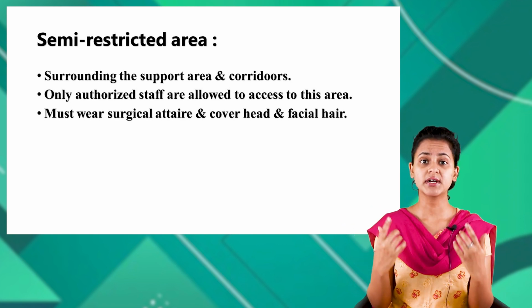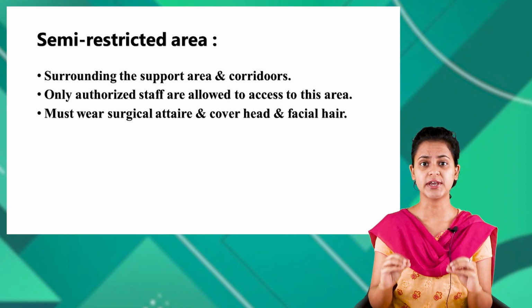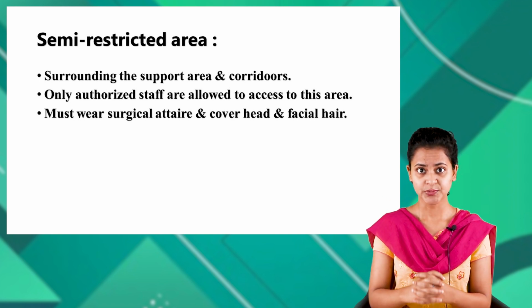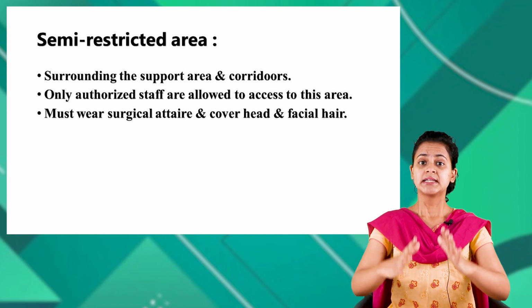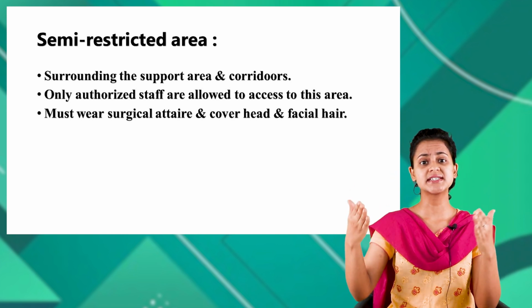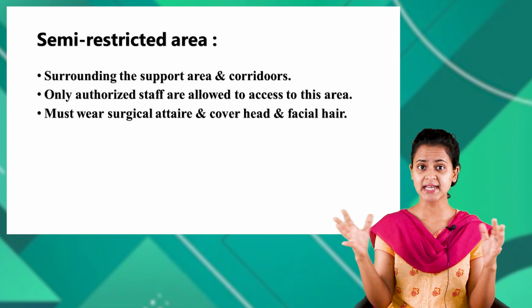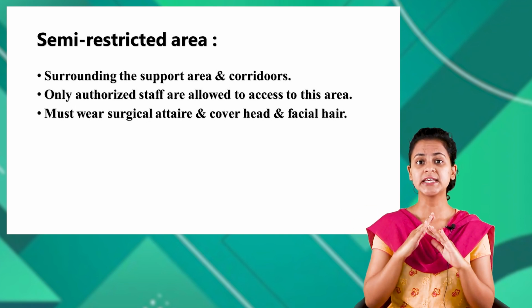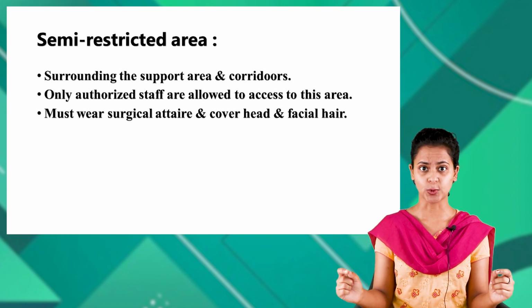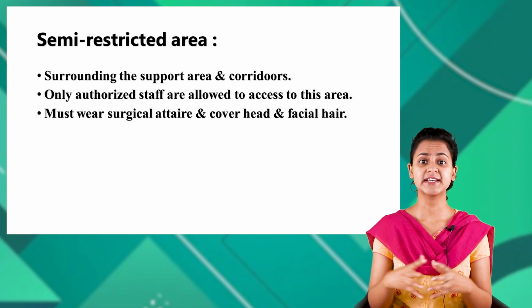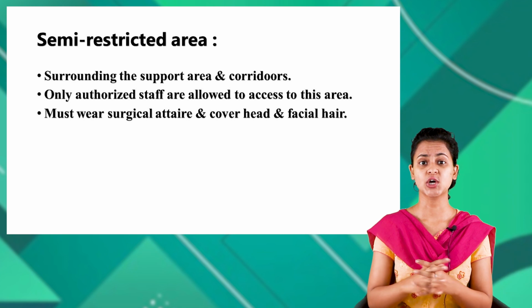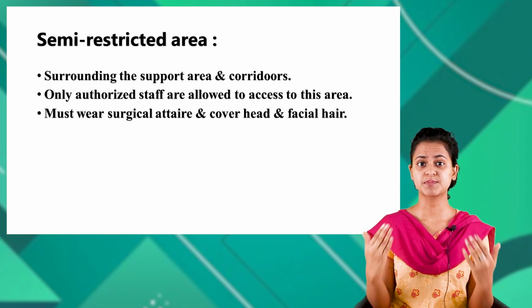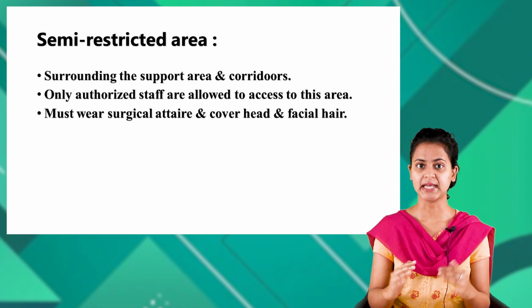They should also cover their head and facial hair completely. So I hope you're understanding that the distinction of areas inside a surgical unit is mainly to assure an infection-free zone, as surgical technique poses a high risk of spreading infections and pathogens.